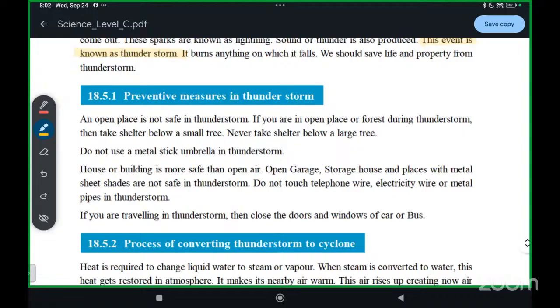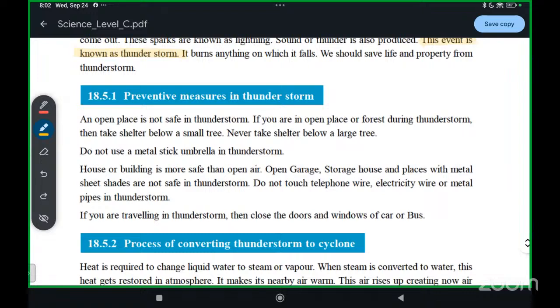An open place is not safe in a thunderstorm. If you are in an open place or forest during a thunderstorm, then take shelter below a small tree. Never take shelter below a large tree, because large trees come in contact with the clouds above, and it may get charged.